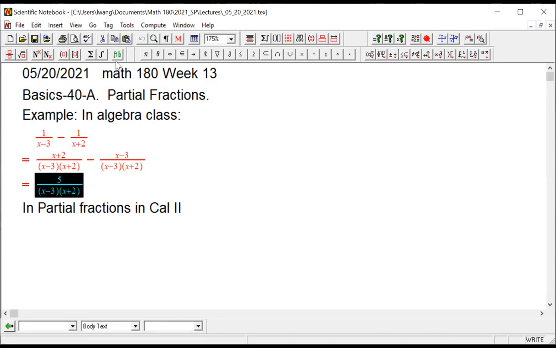You might be given something like this, and then you're going to break it into pieces. This process, reverse the process. It's backward. Do you see that backward? That's called partial fraction. You have one fraction and make it into two other fractions.